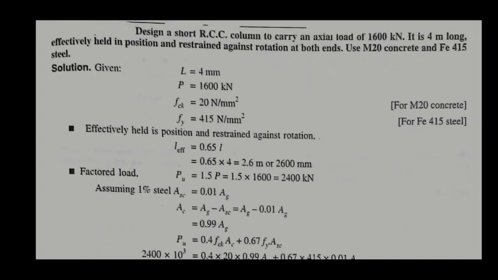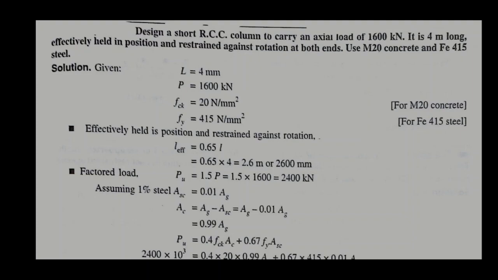So for effectively held in position and restrained against rotation, L effective is equal to 0.65 L, that is equal to 0.65 into 4, that is 2.6 meter or 2600 mm. Factored load Pu is equal to 1.5 P, that is 1.5 into 1600, which is 2400 kilonewton.